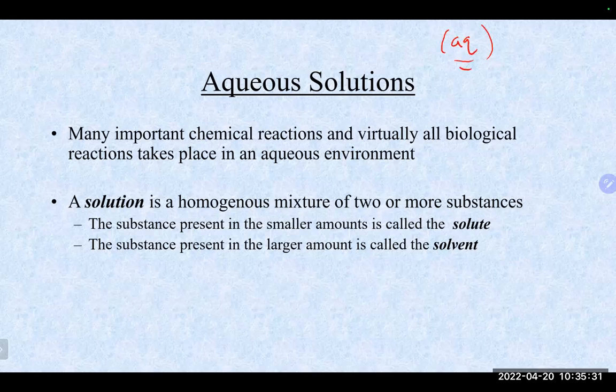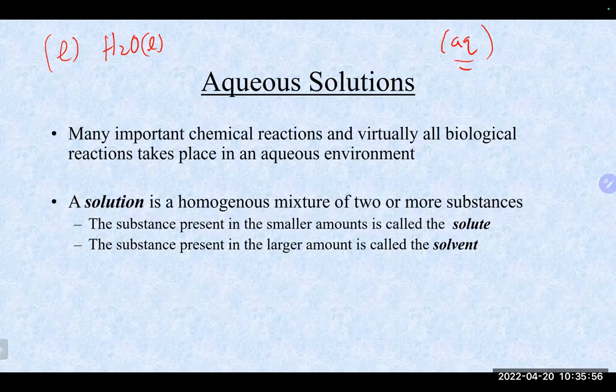Just a reminder that something that is aqueous, a solution, is different than something that has the L symbol next to it, or a liquid. Something that is a liquid is a pure liquid, which means it's really just in there by itself. So if you had just water by itself, that would be liquid.